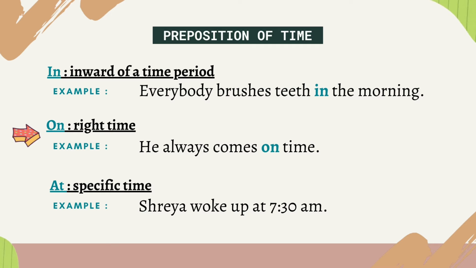That means on the right time. And third, the preposition at shows specific time. We can see in the example, Shreya woke up at 7:30 a.m. Here the word at is showing the exact time.